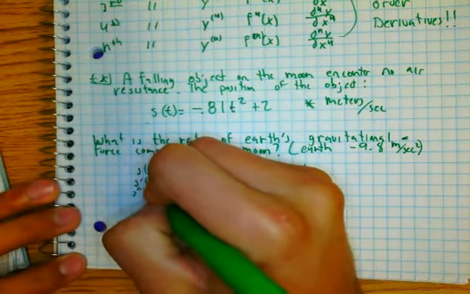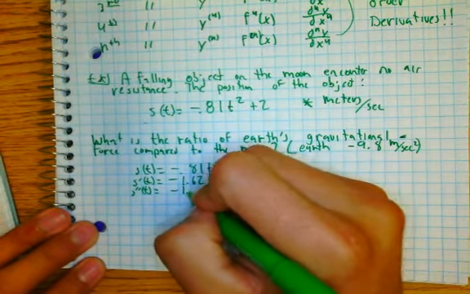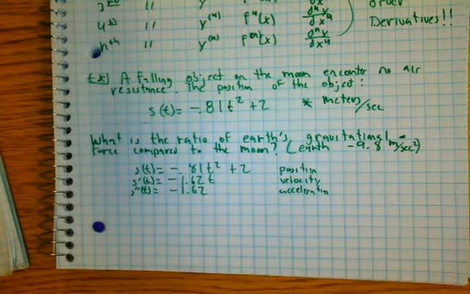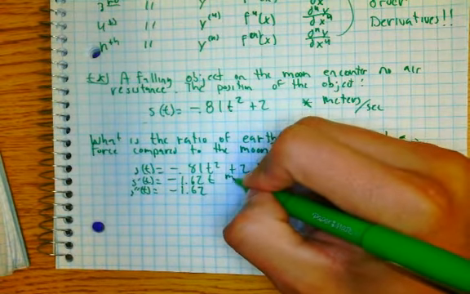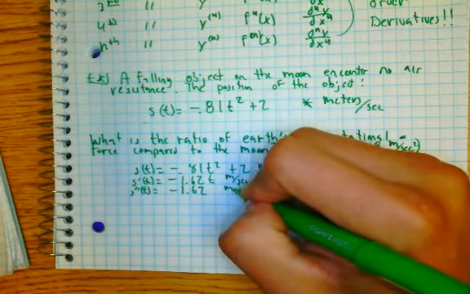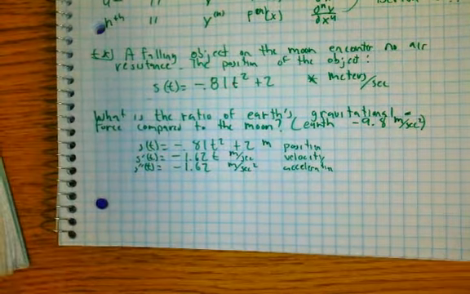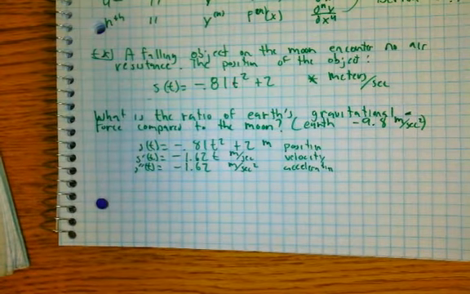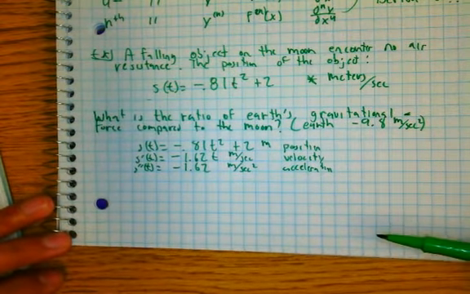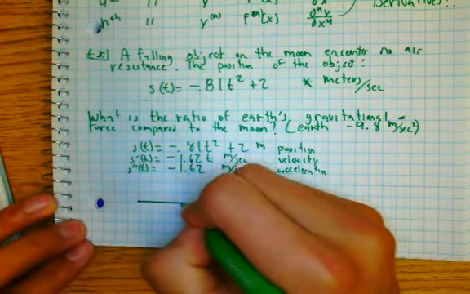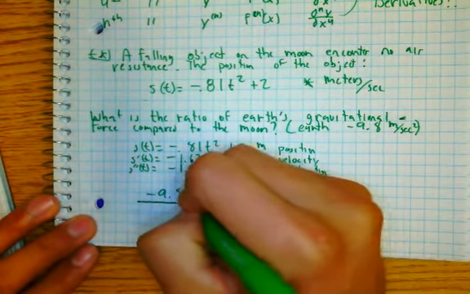Now, do we have enough information to answer the question? It says, what is the ratio? So we're comparing Earth to Moon. If I'm writing a ratio, on the top part I'm going to use Earth. So Earth is negative 9.8, and the Moon is negative 1.62. Agreed? Who has a calculator? Try it. 6.05.